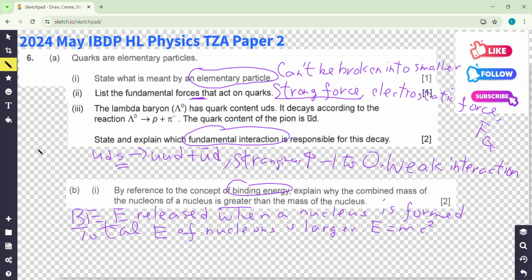So the total mass is also larger. You need to write it down step by step, don't jump the steps, write out in detail. So the total mass of the nucleons is larger.